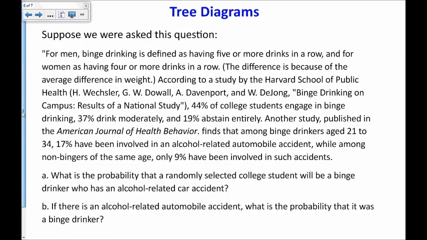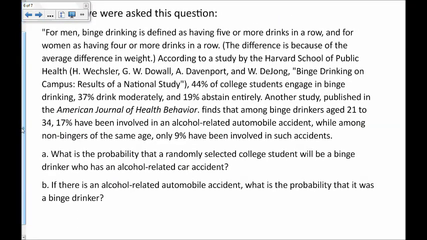Okay, suppose we are asked this question. For men, binge drinking is defined as having 5 or more drinks in a row, and for women as having 4 or more drinks in a row. The difference is because of average difference in weight. According to a study by Harvard School of Public Health, 44% of college students engage in binge drinking, 37% drink moderately, and 19% abstain entirely.